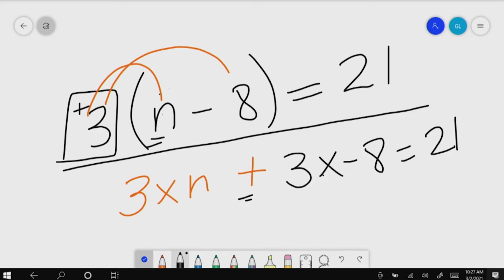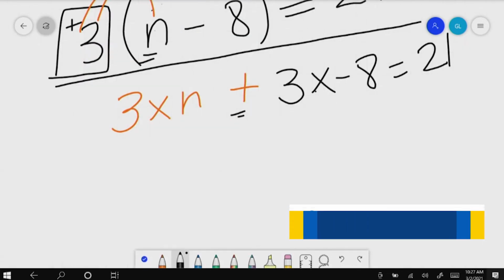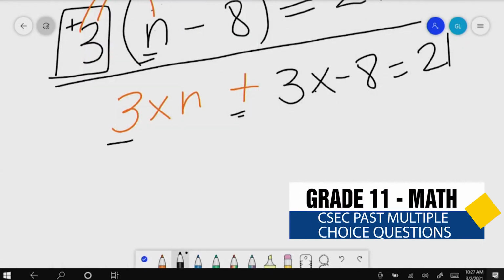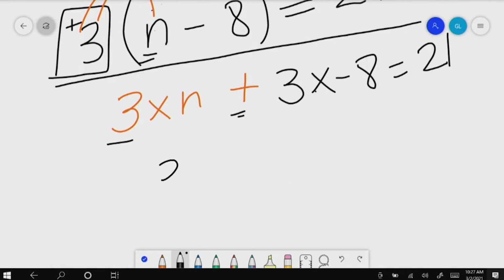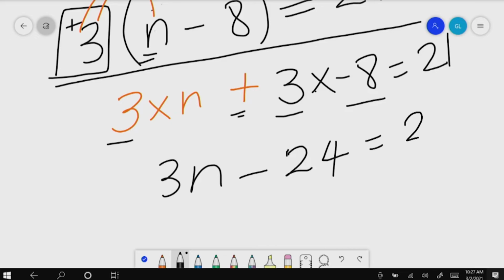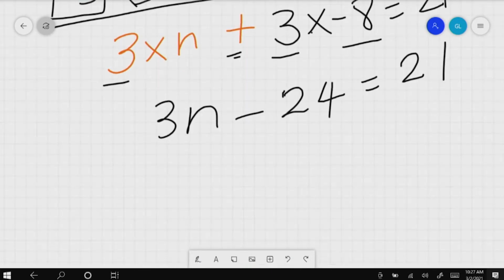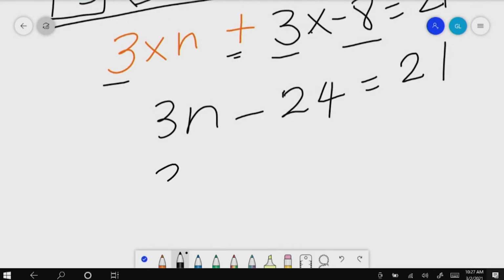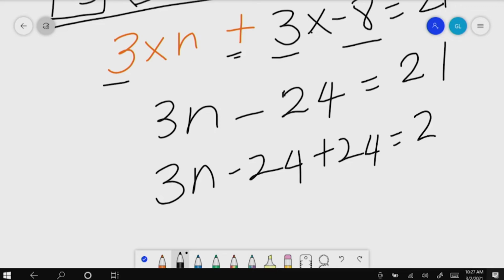In further simplifying, 3 times n would be 3n. Positive 3 by negative 8 gives us minus 24 equals 21. In balancing this equation, 3n minus 24 plus 24 should equal 21 plus 24.